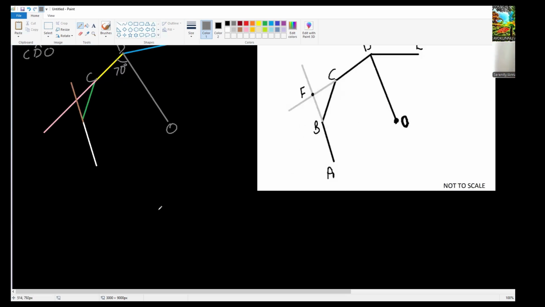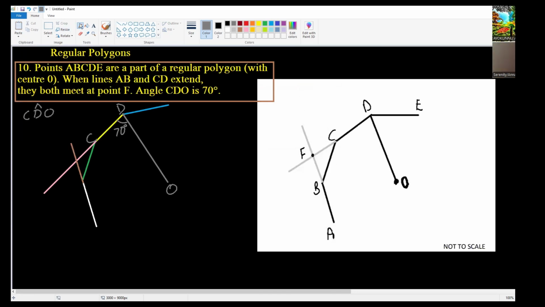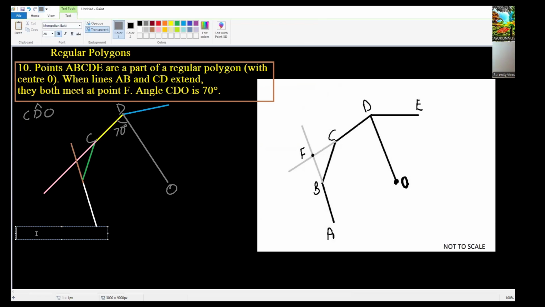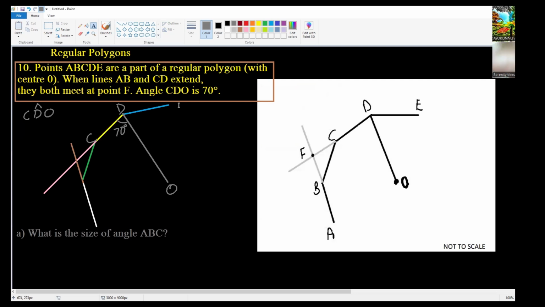let's look at the questions to see what the question actually requires us to do. The first part of the question says, find the size of angle ABC. Find the size of angle what? Read the question. Find the size of angle ABC, right?